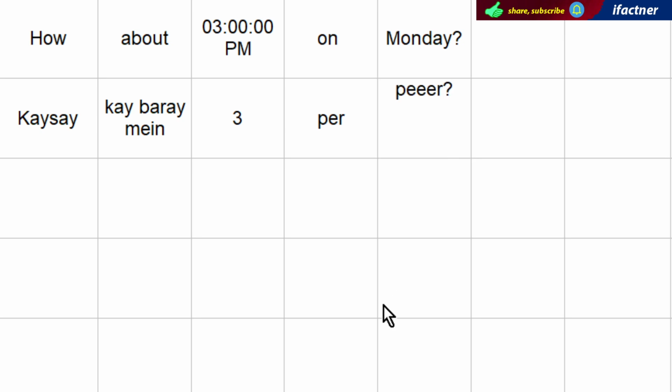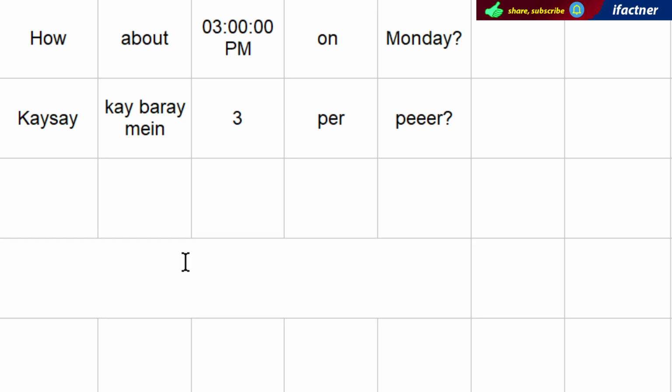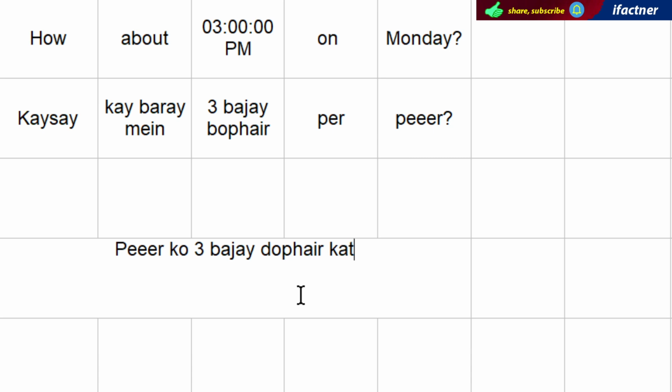Now, when we translate the whole sentence, how about 3 p.m. on Monday, then in Urdu we can say पीर को 3 बजे दोपहर, because 3 p.m. is 3 बजे दोपहर, so we can translate it as 3 बजे दोपहर, and 3 a.m. is 3 बजे रात. पीर को 3 बजे दोपहर का टाइम कैसा रहेगा.